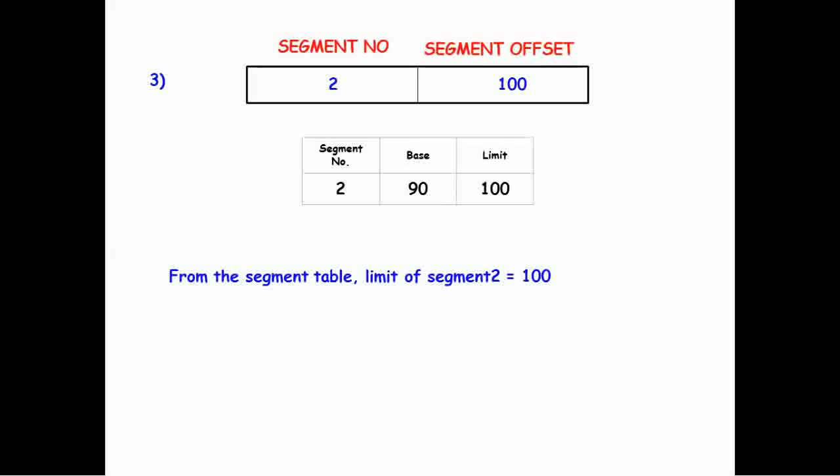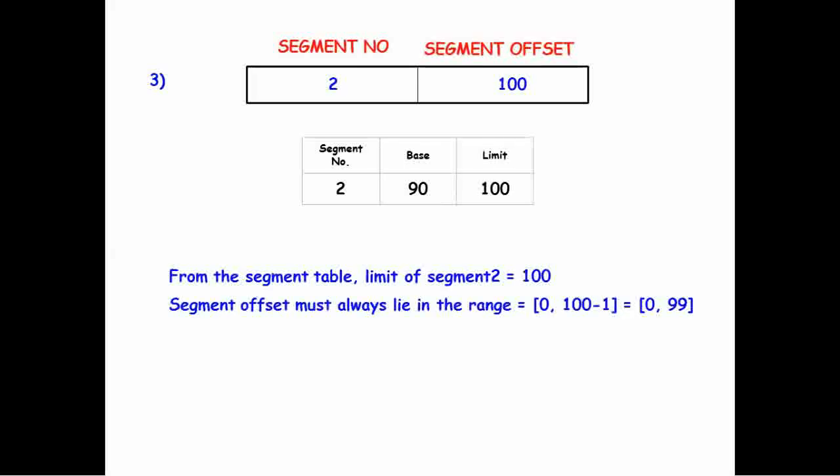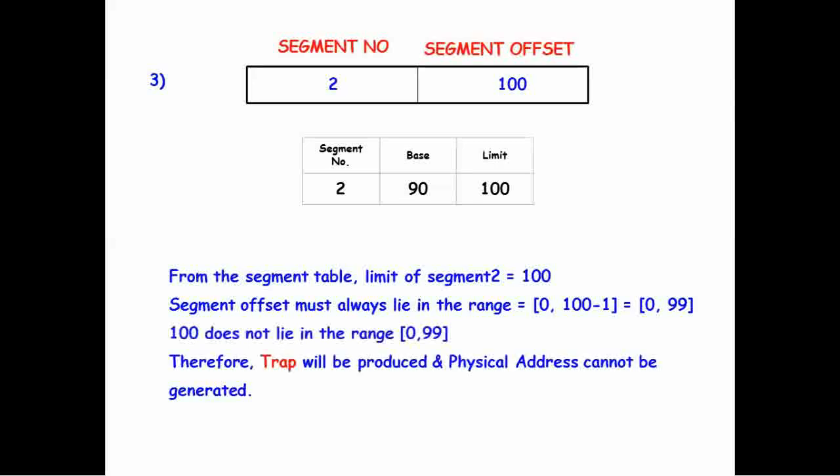Limit is 100. 100 minus 1 will be 99. So the segment offset must lie in the range 0 to 99. The segment offset for the given problem is 100. 100 does not lie in between 0 to 99. So a trap will be produced and the physical address cannot be generated for the given virtual address. So this is the explanation for the given problem.